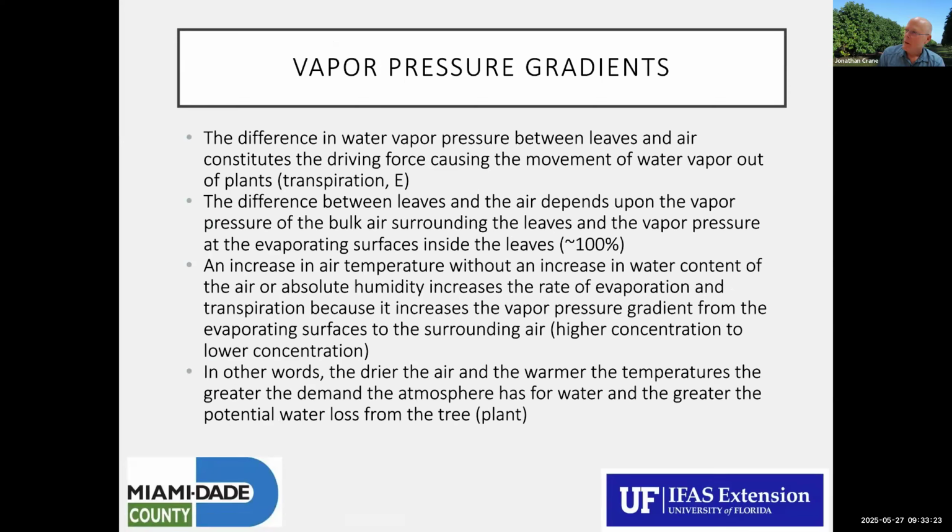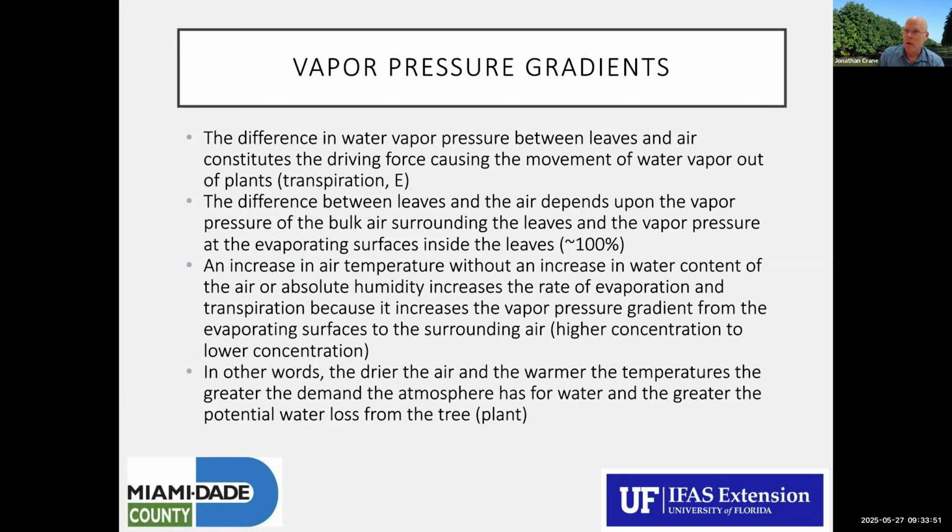And so when you have an increase in temperature, but there's no increase in relative humidity, or you have low relative humidities, that vapor pressure, as I mentioned before, goes up. And so the demand for water goes up. And so the drier the air and the warmer the temperatures, the greater the demand the atmosphere has for water. And this results in a greater potential for water loss from the tree.